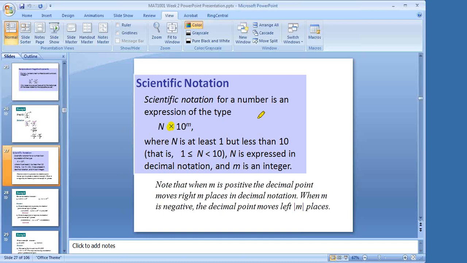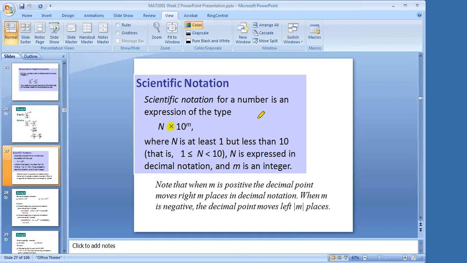So I'm going to kind of contradict myself here in a way, but not really. That X that you see is really a multiplication symbol, and it's kind of raised up. It's centered. And so my math lab will not recognize an asterisk in this case, nor will it recognize an X. So if you write something in scientific notation and use the X, you're going to get it wrong.